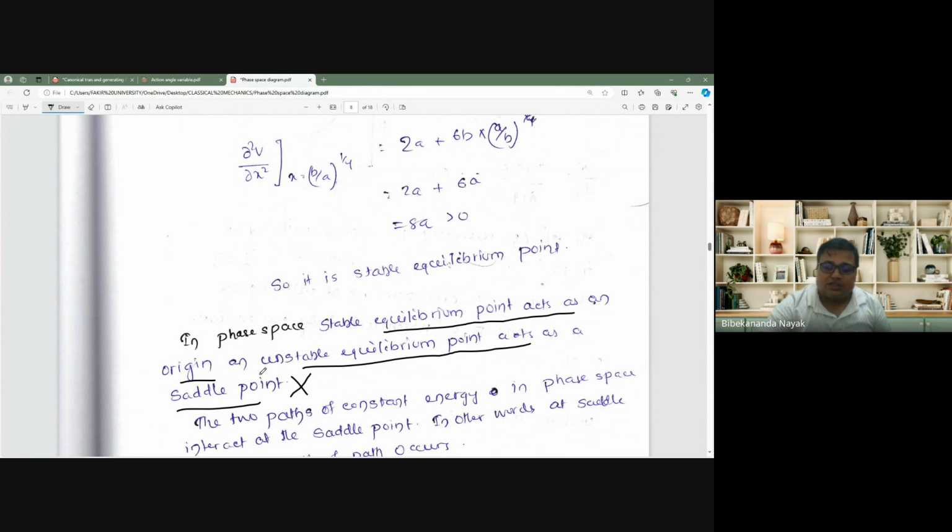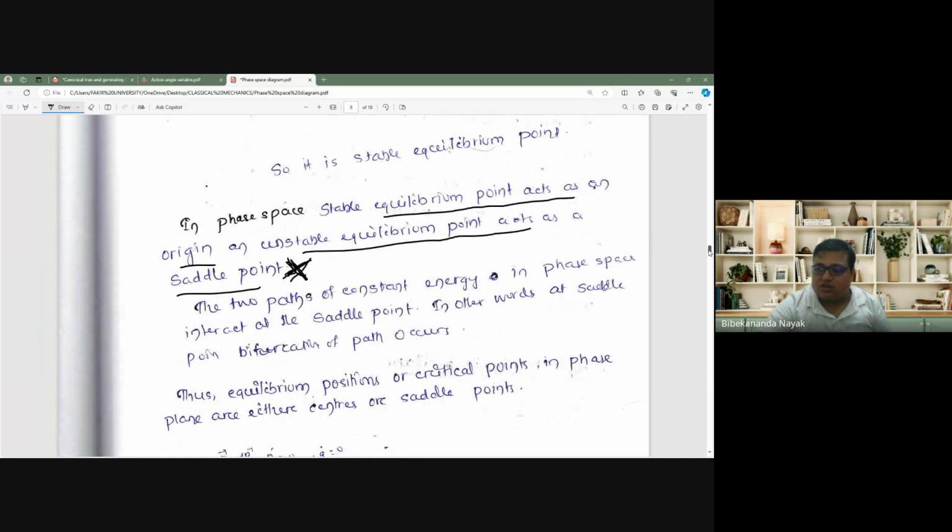If a point is a stable equilibrium, then it will be an origin, and if it is an unstable equilibrium point, then at that point the phase trajectories intersect asymptotically, at the saddle point, and cross each other.